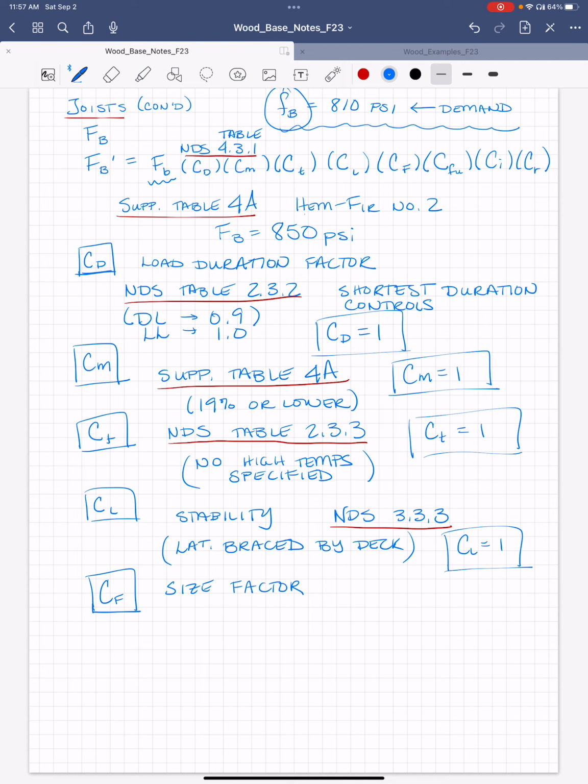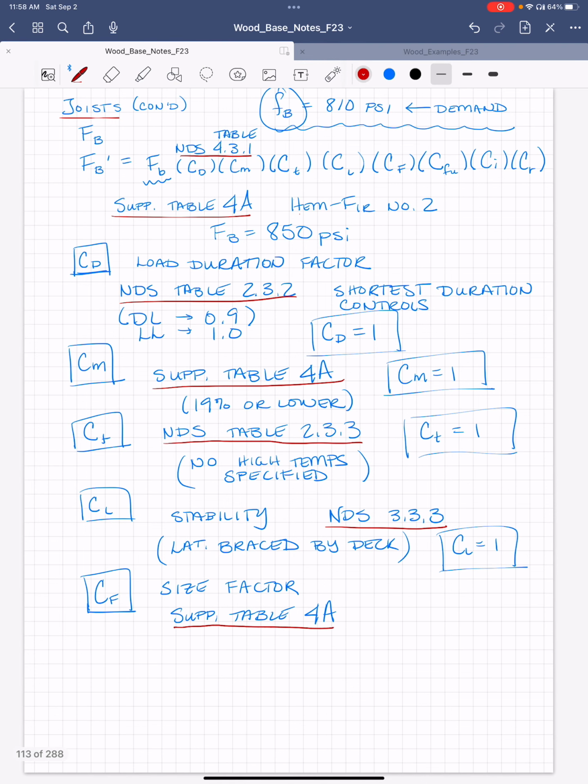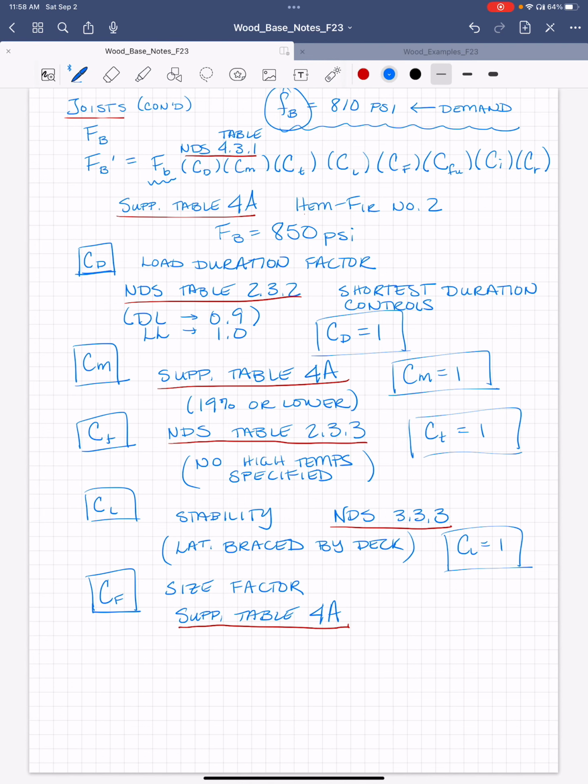A size factor. If I go into the supplement on reference design values, which is chapter 4, I need to go to page 32, where they have size factors, and this is in supplement table 4A. All right.